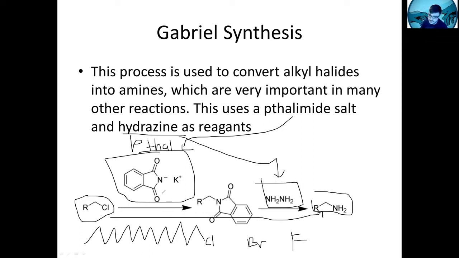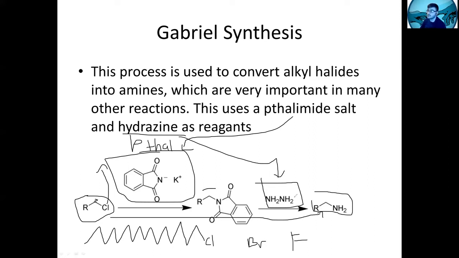And the way this works is very simple. Cl is a very good leaving group, so the Cl will come off very easily. This carbon will have a partial positive charge because the Cl came off right here. This nitrogen has a negative charge because it's a salt. It'll attach into the place of this chlorine, as you can see right here.